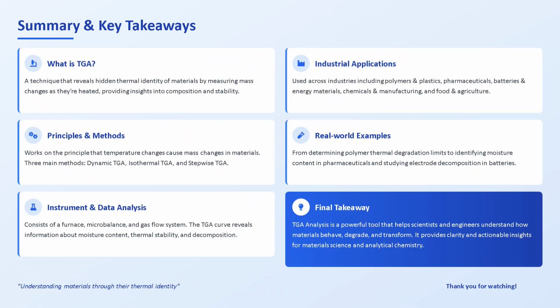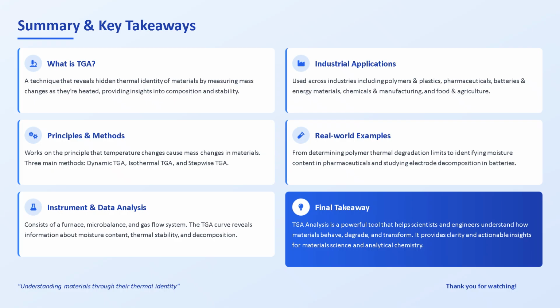To summarise, TGA is a technique that uncovers the thermal identity of materials by measuring mass changes as they are heated. Its principle is simple, yet the information it provides is incredibly powerful. We explored the instrument components, the various TGA methods, and what a TGA curve can reveal.